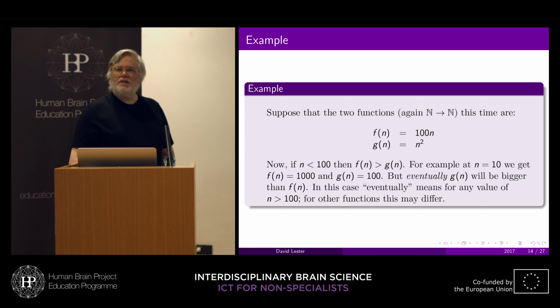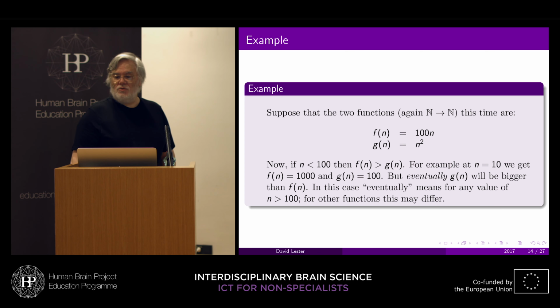Now let's look at another pair of functions. This time f is 100n, and g is exactly n squared as before. Now we get a slightly different pattern of behavior. If n is less than 100, then f is actually the bigger of the two in that range.